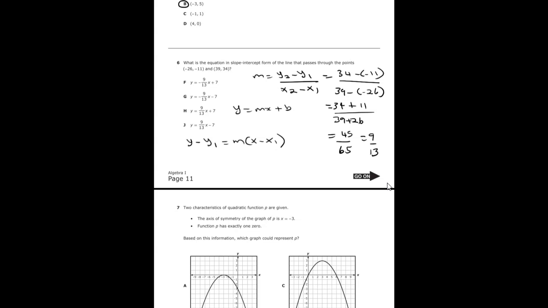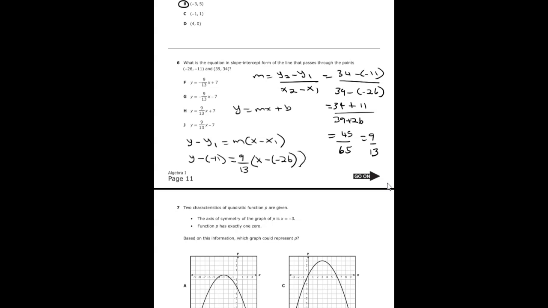So y minus -11 equal to 9 over 13 times x minus -26.